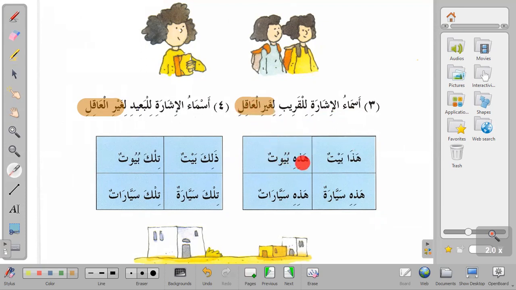So instead of, as I said, instead of the plural, it will go to the feminine singular. Okay, so هذه. Then هذه سيارة. Here هذه سيارات. Hope that's clear.